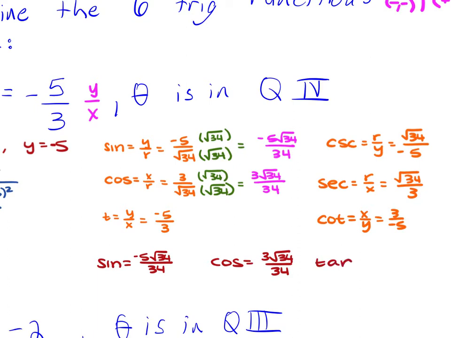Our tangent is negative 5 over 3. The reciprocal of sine is cosecant, which is negative square root 34 over 5. The reciprocal of cosine is secant, so that's going to be the square root of 34 over 3. And the reciprocal of tangent is cotangent, and that's negative 3 over 5.